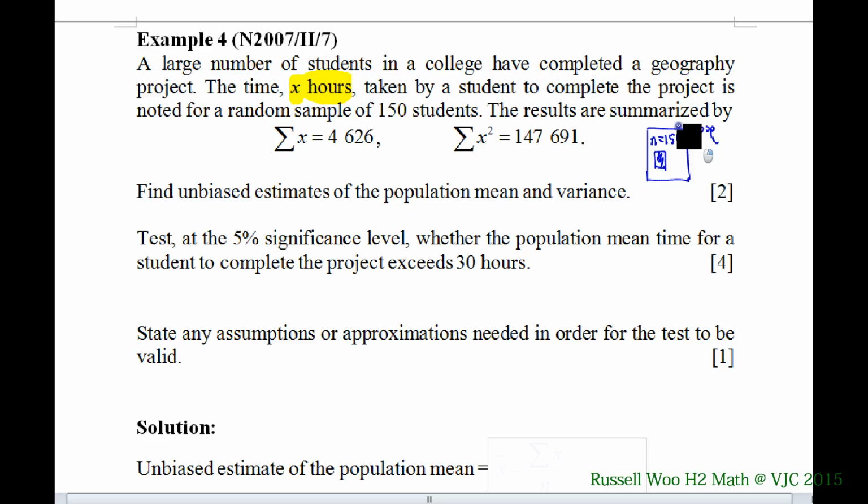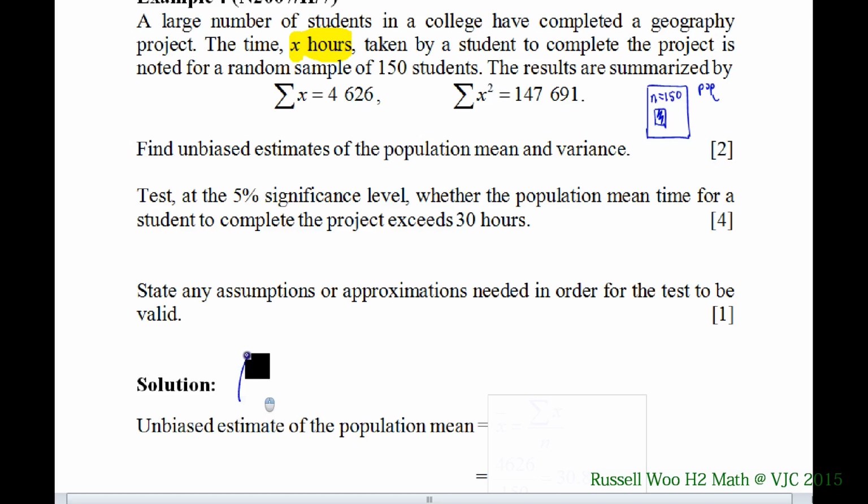Find the unbiased estimate. This one, if you forget, you can refer to C stats 6 last part. Okay, you forgot what this is all about. I think most of us can remember, right? How do we find the unbiased estimate of the population mean? Quite easy, right? You can use the data here to estimate the population mean.